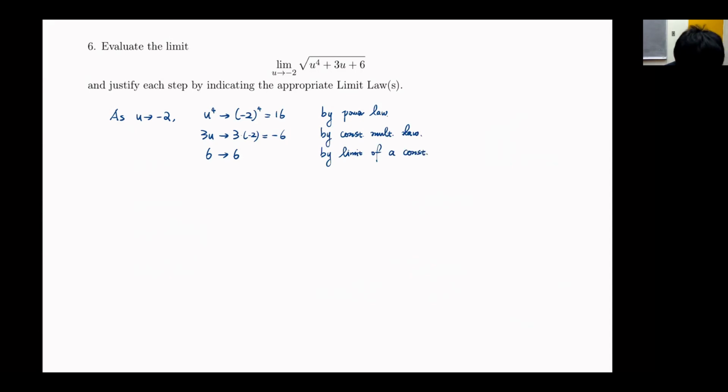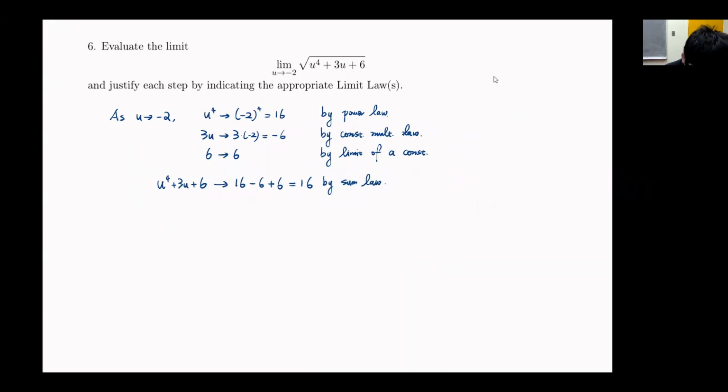Okay, so starting from these 3 guys, I can conclude using the sum law that u to the 4th plus 3u plus 6 will approach 16 minus 6 plus 6, which is equal to 16. And this is by the sum law. Okay, so what do we have after that?